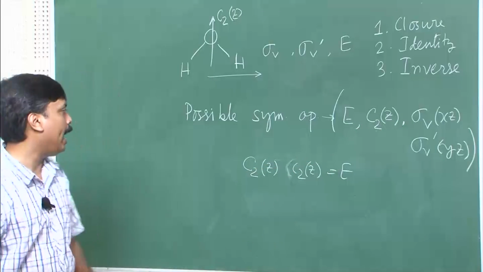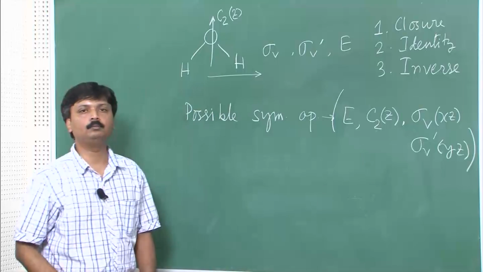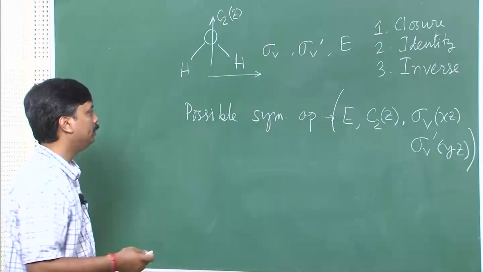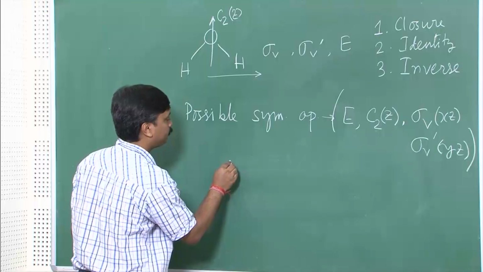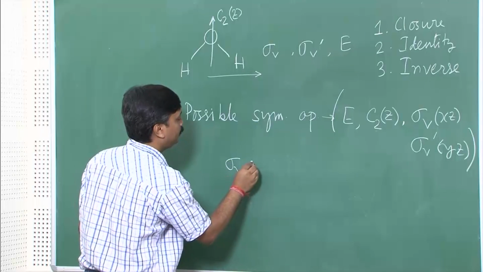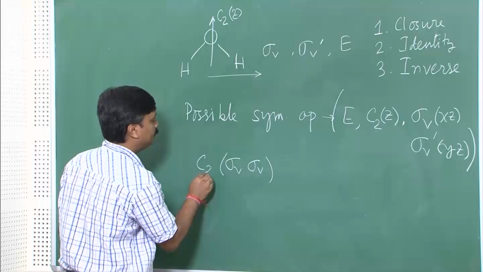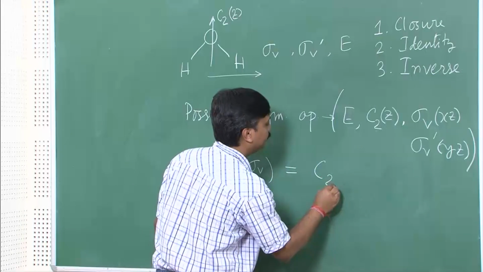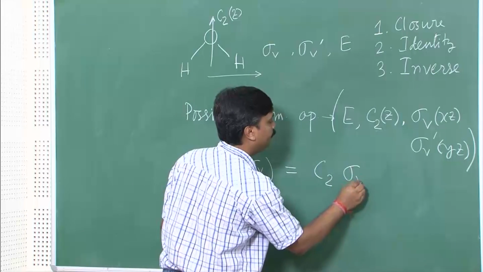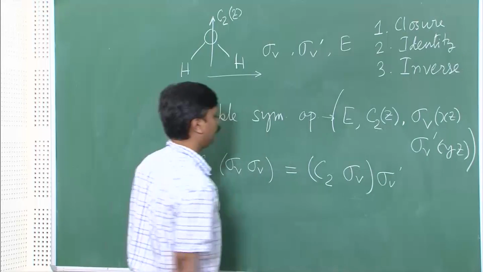Okay? And lastly, if we look for the associativity. So, what does that mean? So, say if I have sigma v and sigma v prime, and if you operate C2 on that, will it be same as C2 operated on sigma v and then sigma v prime?